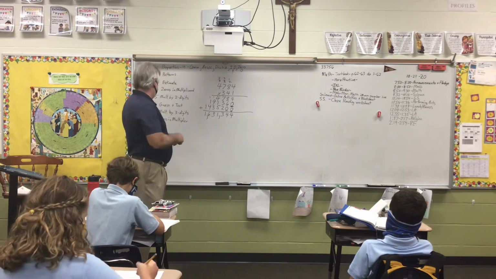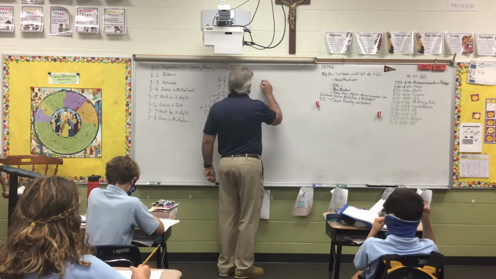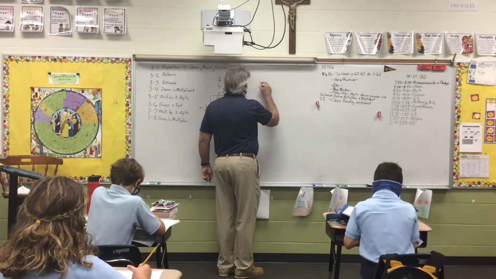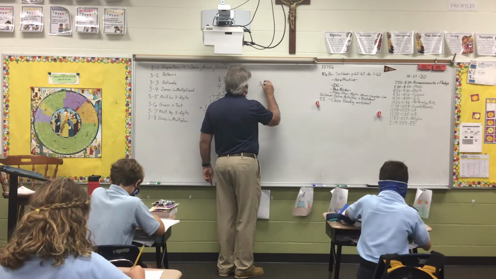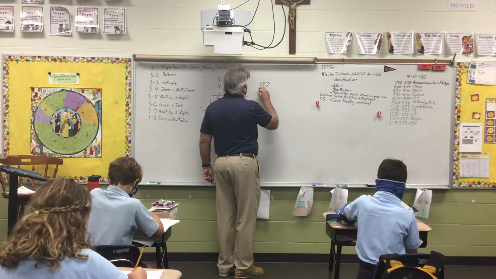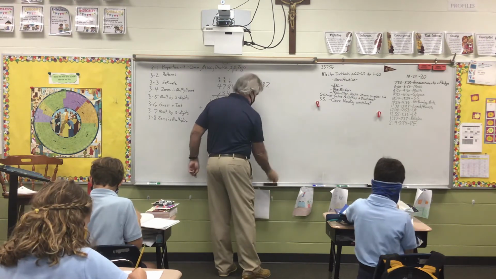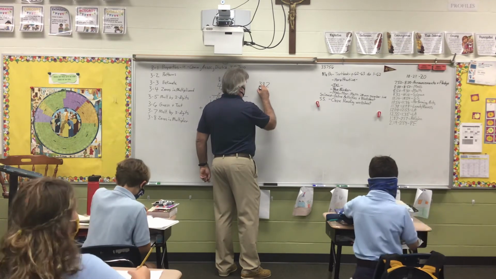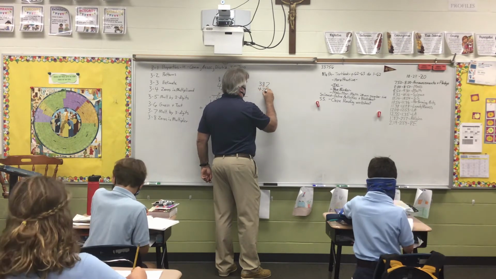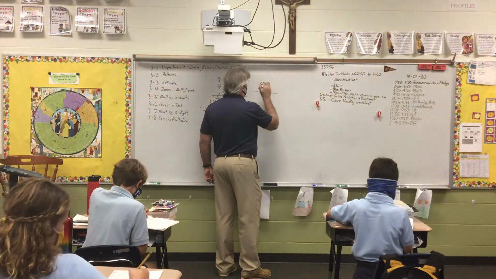I'm gonna start with the zeros in the multiplier. There's a question. We skipped the multiply by 2 digits too.